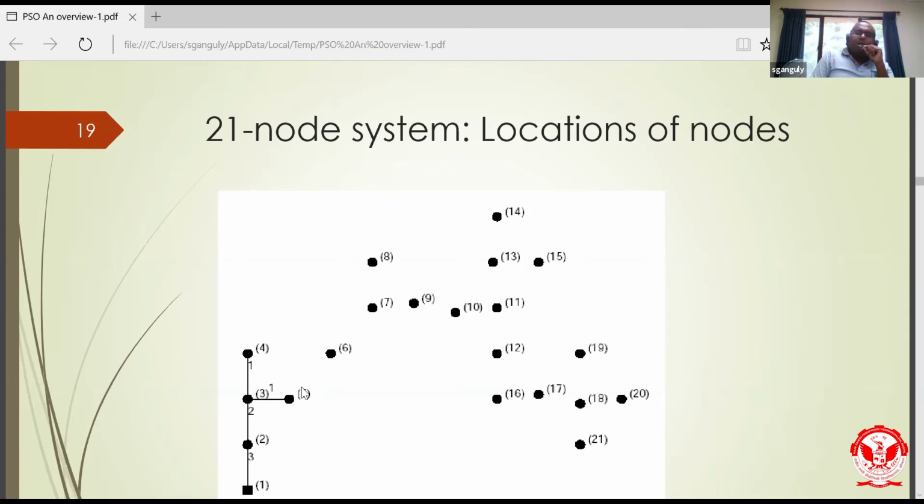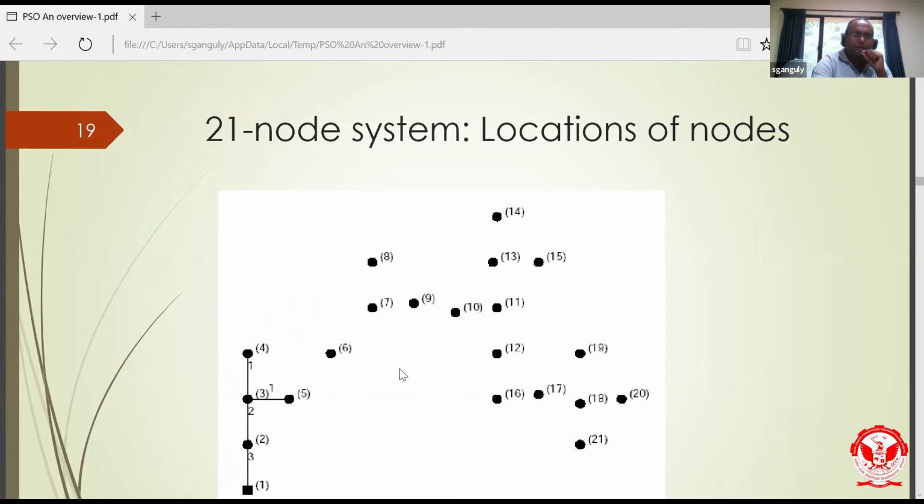Now, in this particular problem, our goal is how to connect all these nodes with this existing network. This should be done such that the total investment required to connect all these nodes to the existing network is minimum.